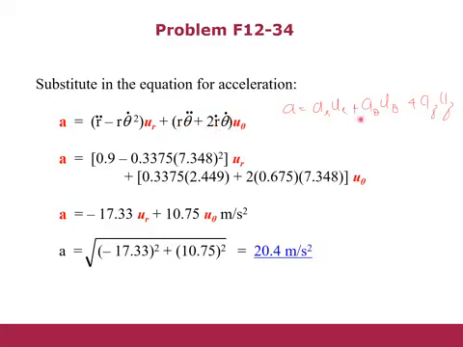This is the relation for a theta and ar. As this is a 2D problem, the z component will be 0. We have calculated r double dot and theta double dot, so we will put values in these equations, and after that we will calculate the magnitude by using the Pythagoras equation.